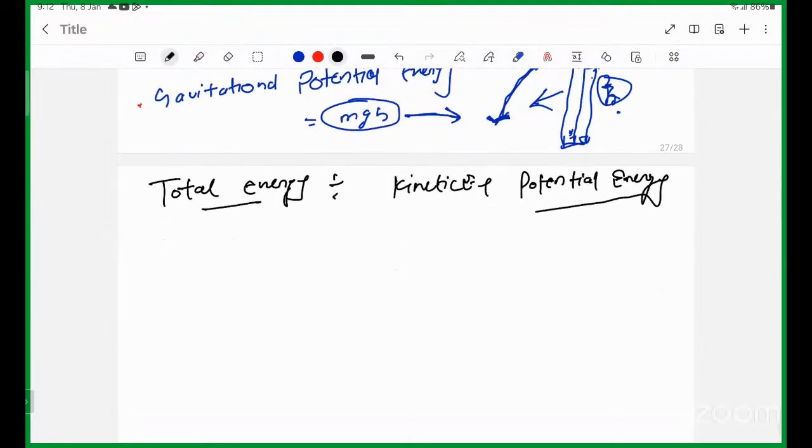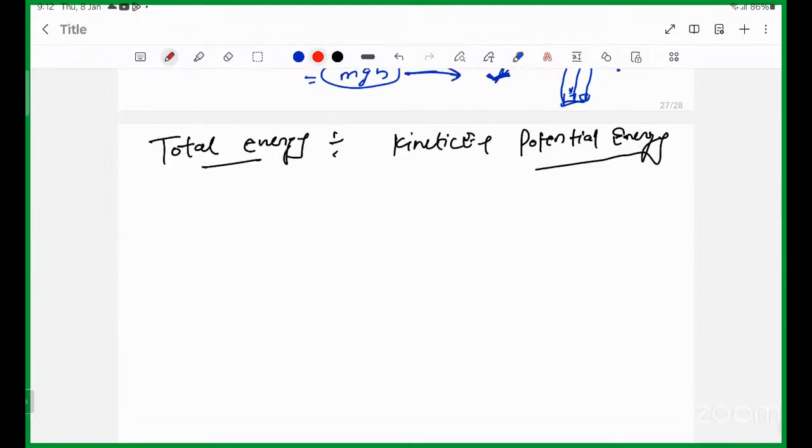We will discuss some changes of energy, how we change energy from one form to another form. First we will discuss the law of conservation of energy.